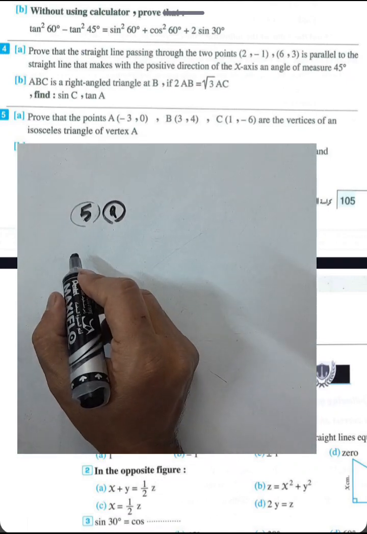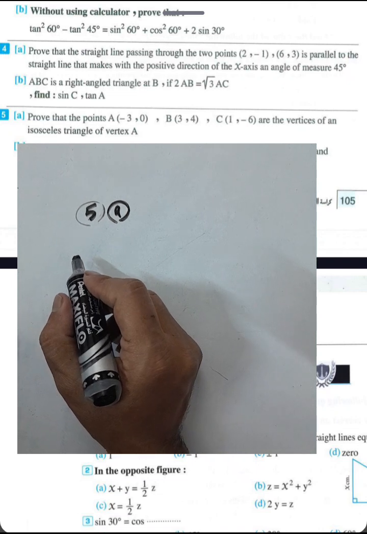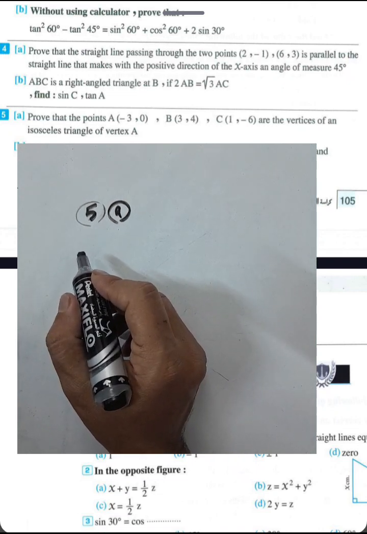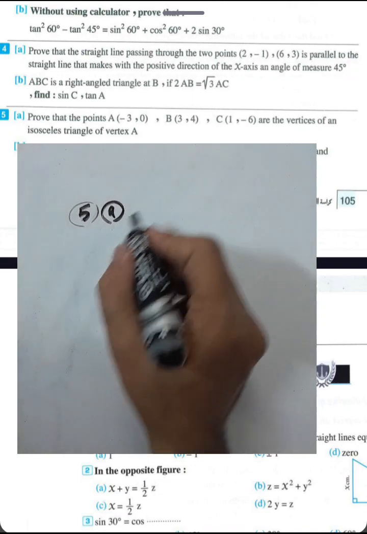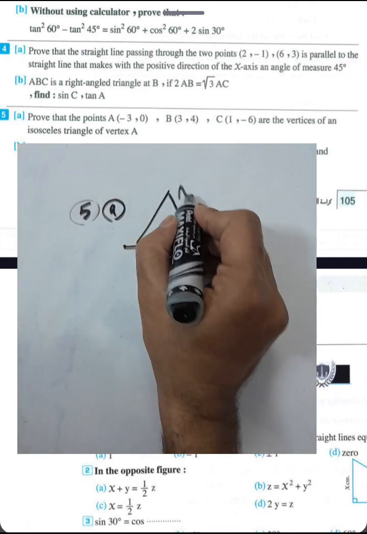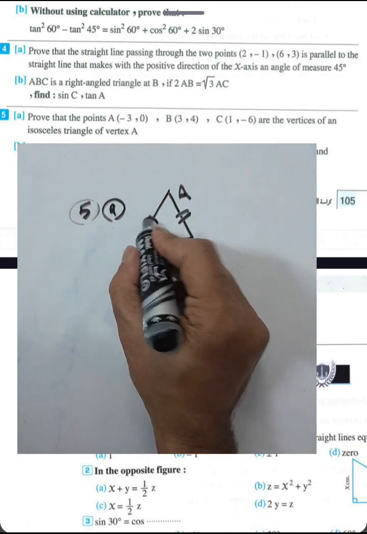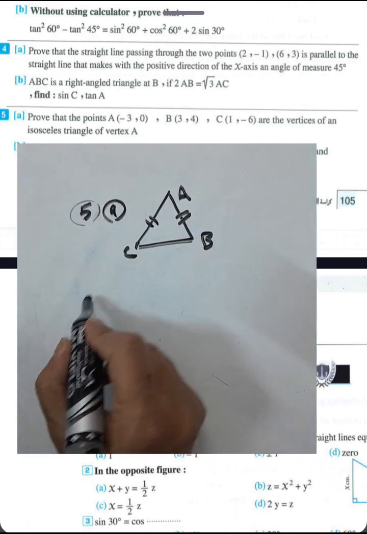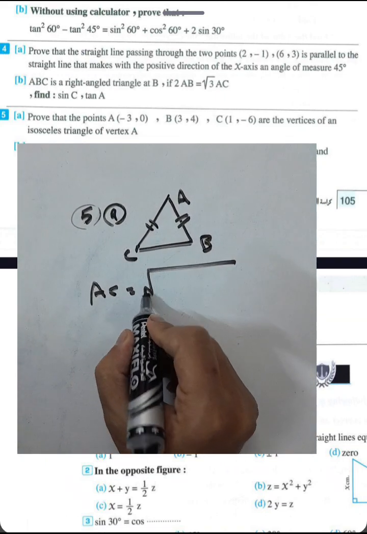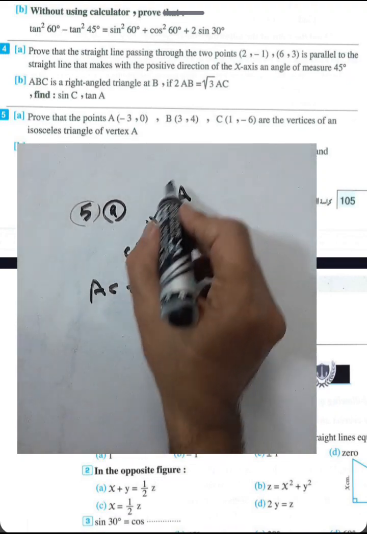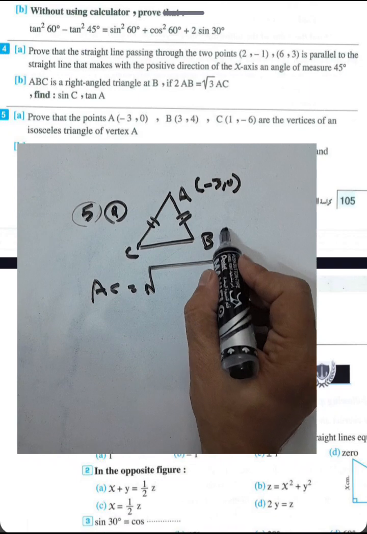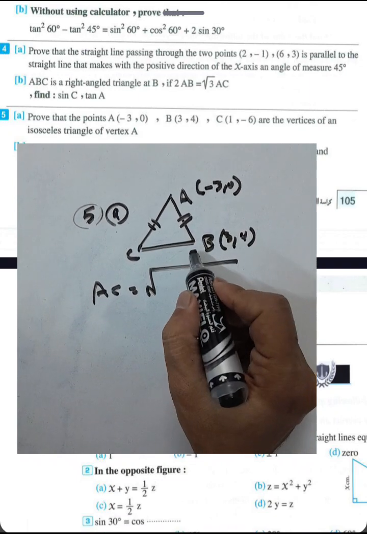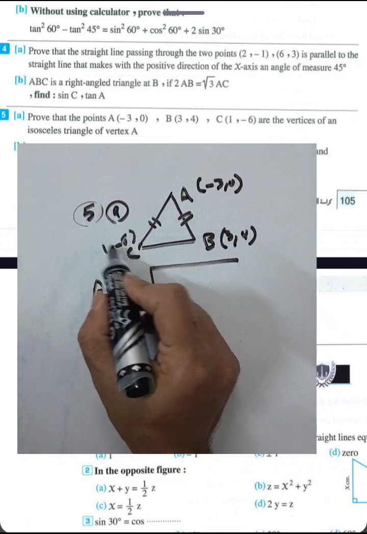Letter A. Prove the points A, B, C are the vertices of an isosceles triangle with vertex A. We want to prove that AB equal AC, so we find the length of AC. A was -3 and 0, B was 3 and 4, and C was 1 and -6.